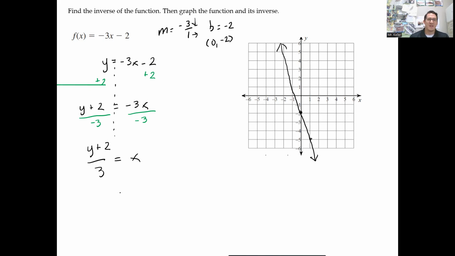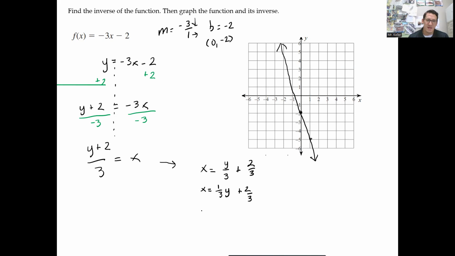All right, I'm going to rewrite this. So make some space over here. So it's going to be x is equal to, I'm going to write this as a fraction, negative y over 3 minus 2 over 3. And then I'm going to rewrite the y over 3 as negative 1/3 y.